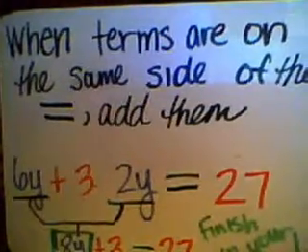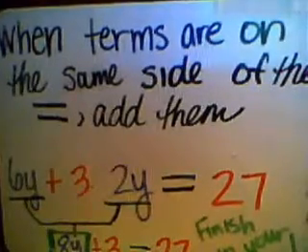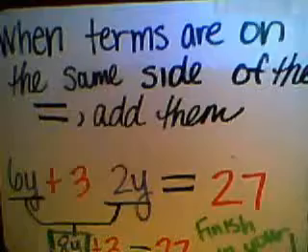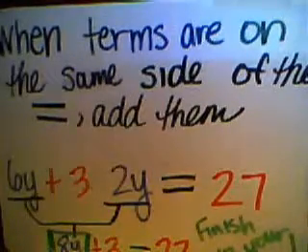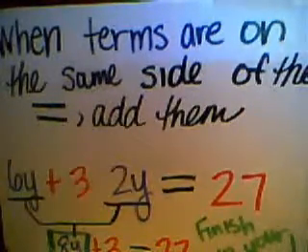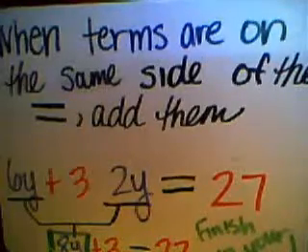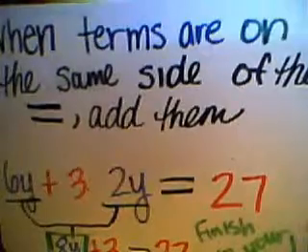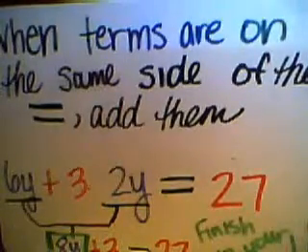When the terms are on the same side of the equal sign, you're going to combine them, add them together, just like if you had 3 plus 5 equals 8. Because 3 and 5 are on the same side of the equal sign, you would add them together. Same thing with like terms, just go ahead and combine them. 6y plus 3 plus 2y equals 27.